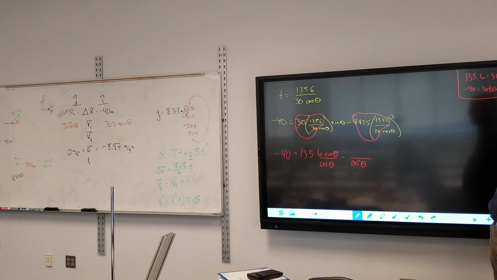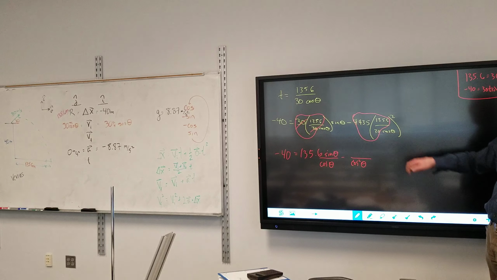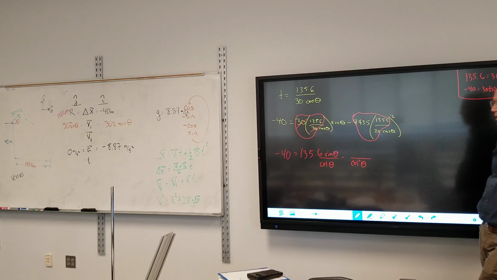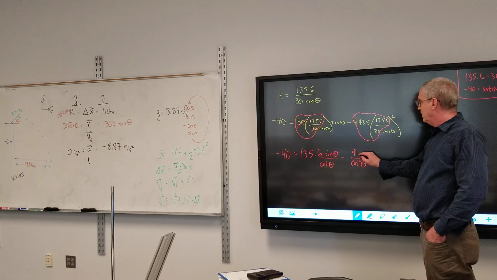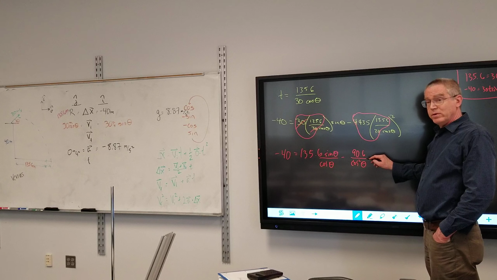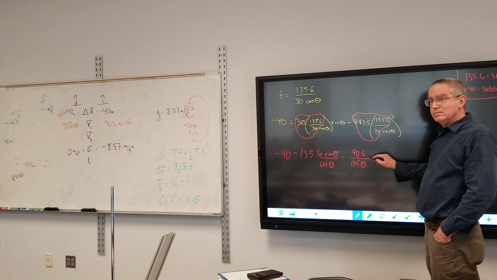So 135.6 to the power of 2 multiplied by 4.435 divided by 30 is... 30 squared. Did you square the 30? Oh, no, I didn't. 90.6, just in one decimal. 90.6, no, so we got 6.1. 6.1, okay.